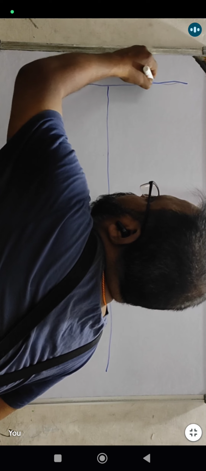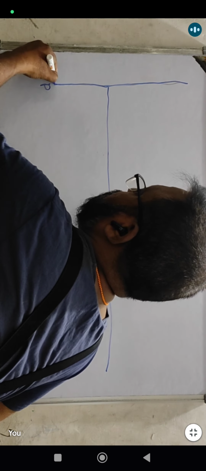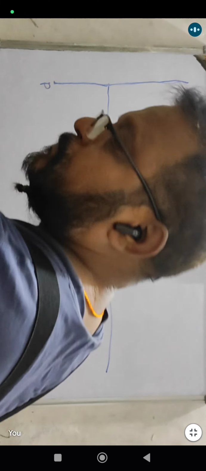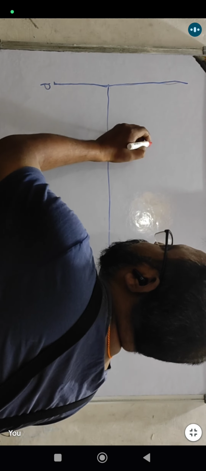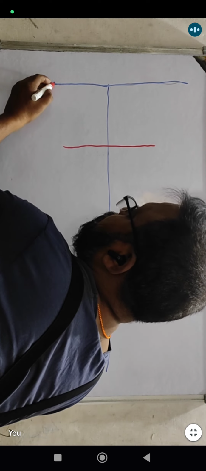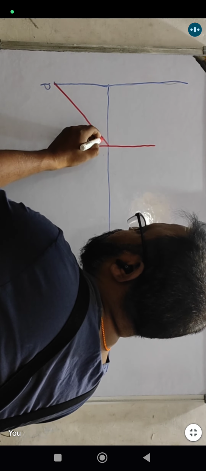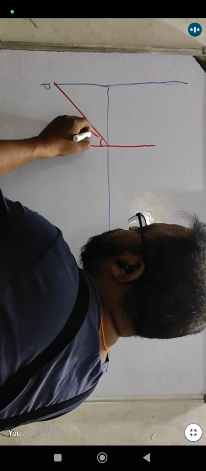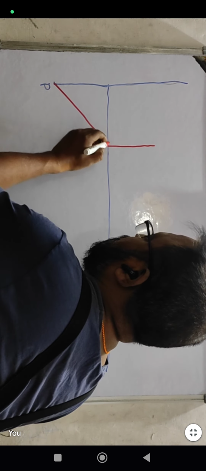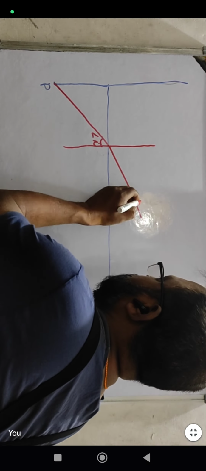This is the normal. Now, in the first case, this is the angle of incidence, and this is the angle of refraction, right?